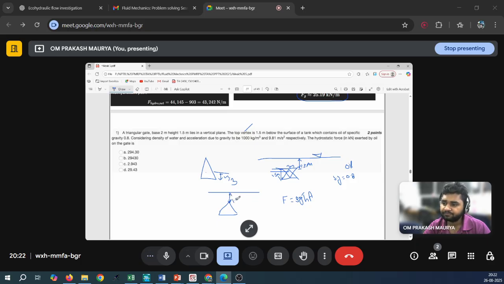1.5. So now, from the vertex it is your 2h by 3. If this is h, 2h by 3 means, from here also this will be your centroid. So from here to here 2h by 3, and this is 1.5.